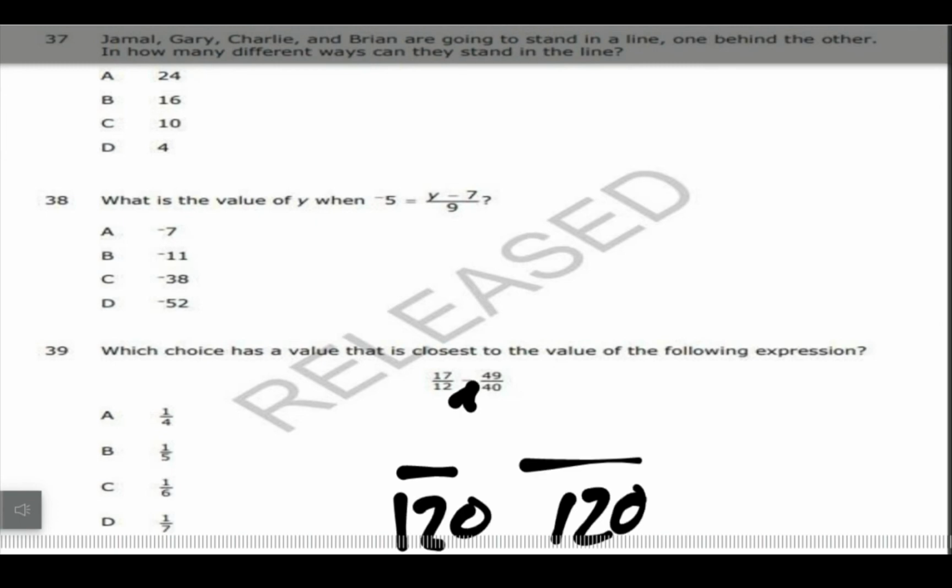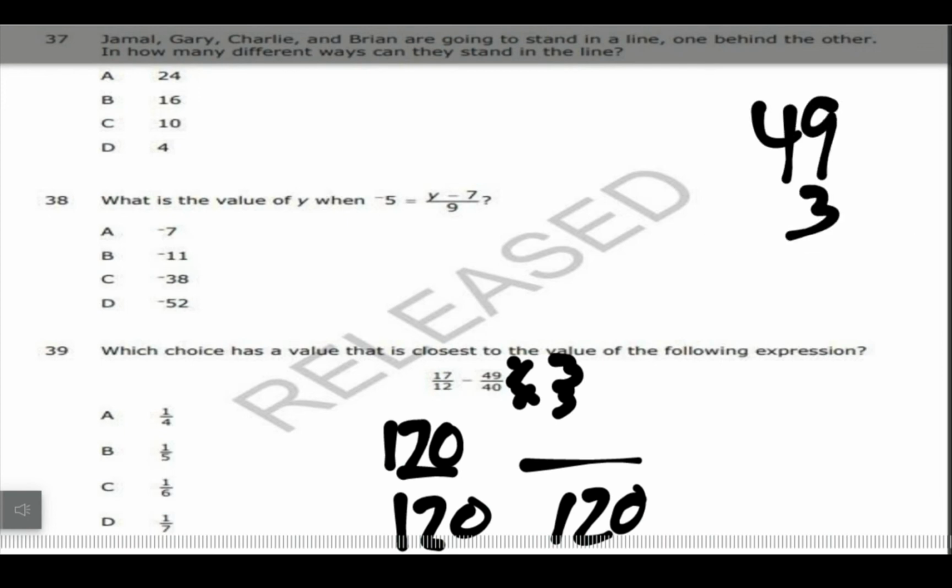If I times that by 10, that gives me 170. 17 times 10 is 170. And this one I'd want to times by 3. So I'd want to figure out 49 times 3.